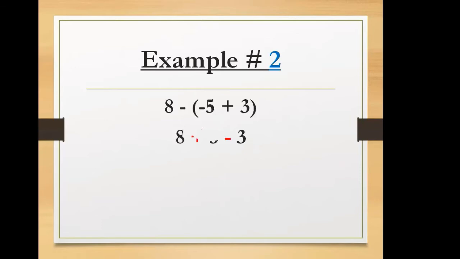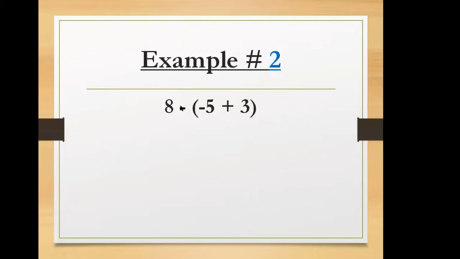The question is 8 minus bracket minus 5 plus 3. Here you can see that we have a negative sign outside the bracket. In the previous example, we had a positive sign, so there was no change inside the bracket.